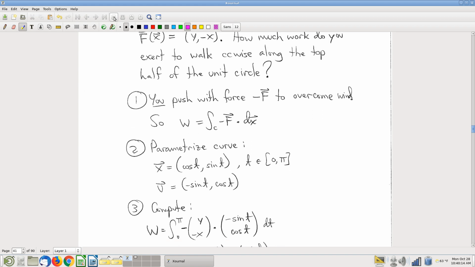Okay. The force that I am exerting is negative F. Right? Okay, I'm not sure why it won't let me. Oh, there it is. Oh, it was just slowed down. Okay, that was weird. All right, let me do that again. Here's the force.